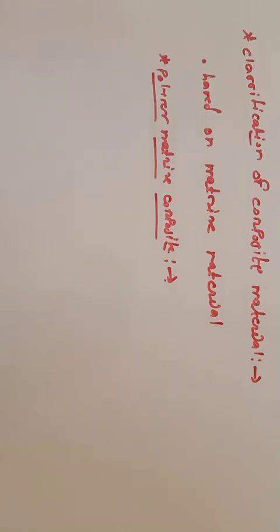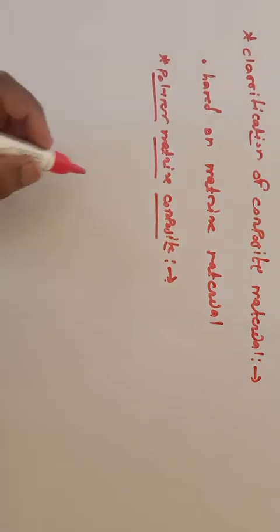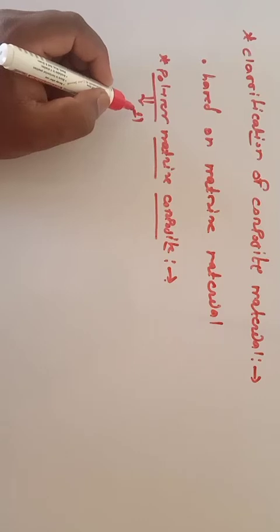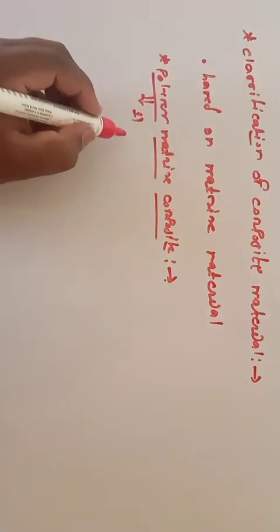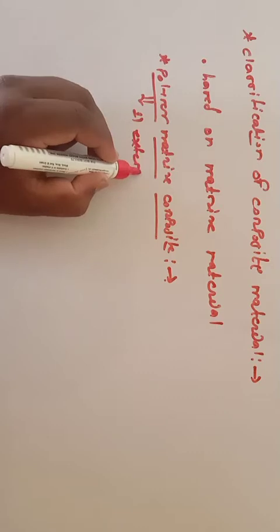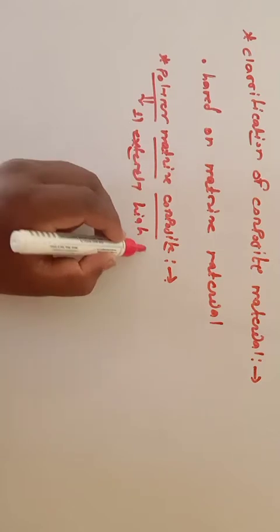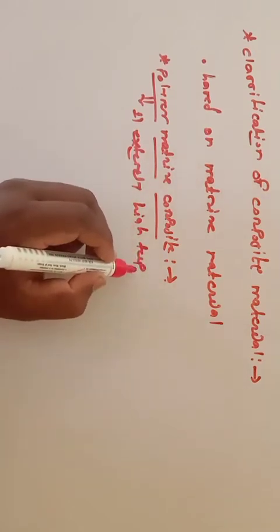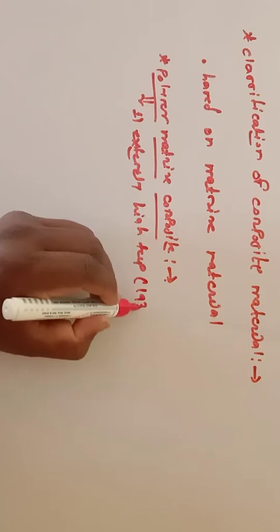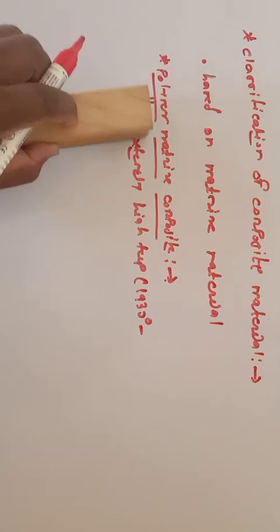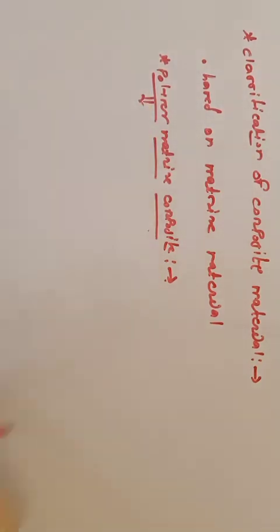If you consider the advantages of this polymer matrix composite, one is that they can withstand extremely high temperature, up to 1930 degrees Celsius. Sorry, I made a mistake here. This is not polymer matrix.